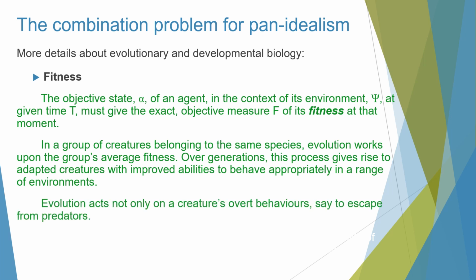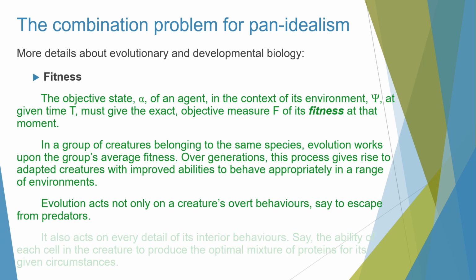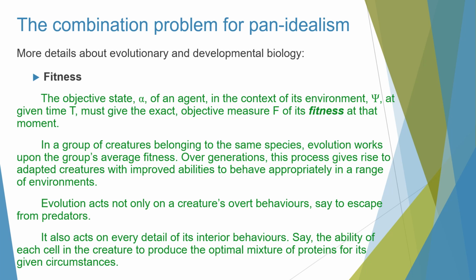But evolution doesn't act only on a creature's overt behaviors, say to escape from predators. It also acts on every detail of its interior behaviors, say the ability of each and every cell in the creature to produce the optimal mixture of proteins for its given circumstances.